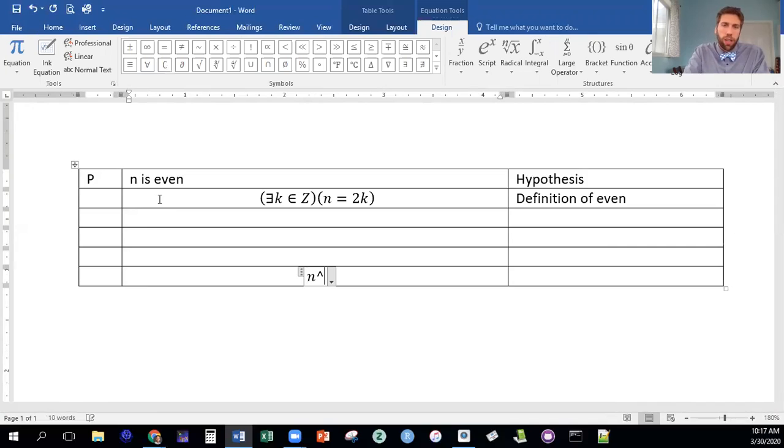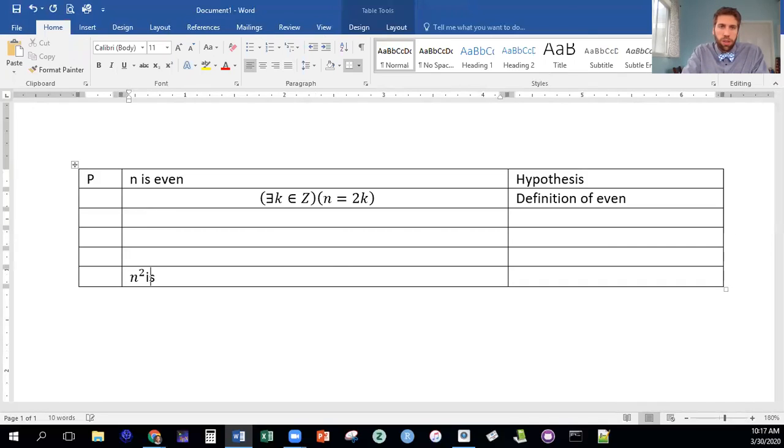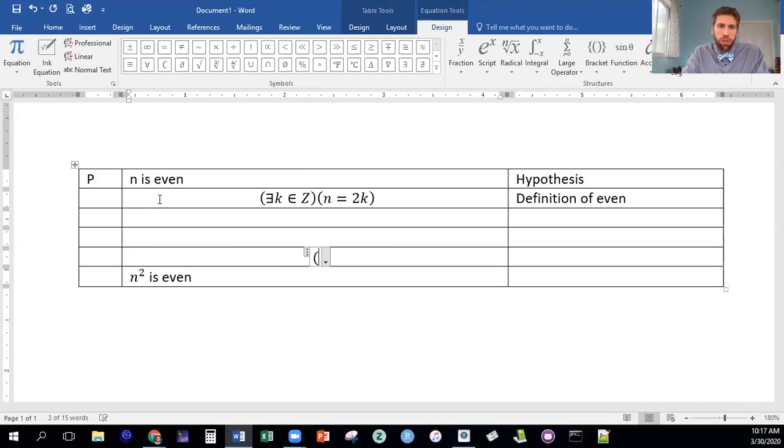Okay, and then I've got my conclusion: n squared is even. And then I unpack that definition by saying there exists q in Z such that n squared equals 2q.